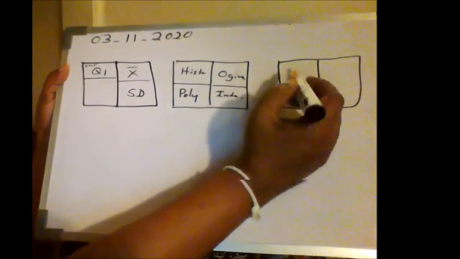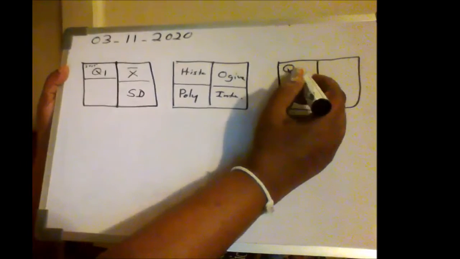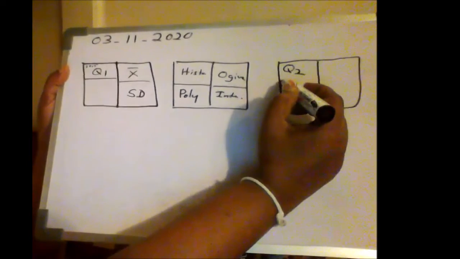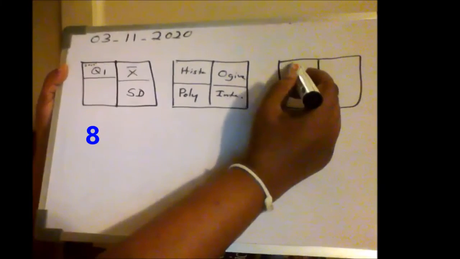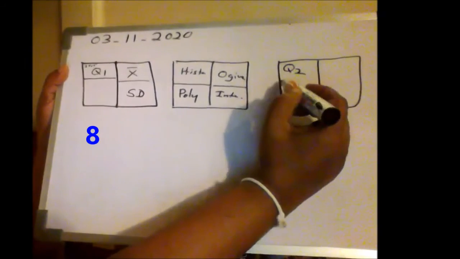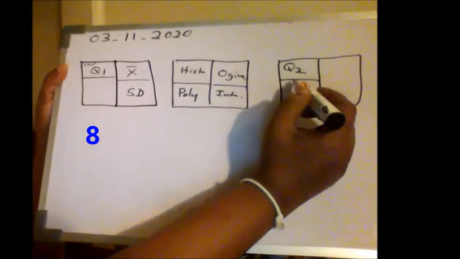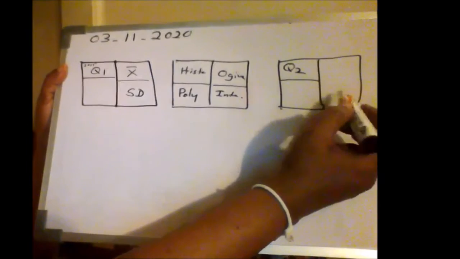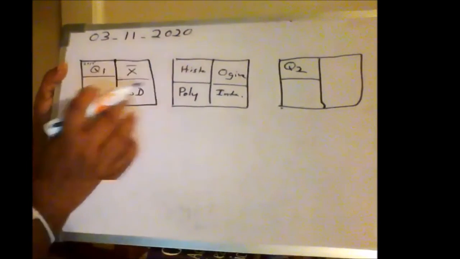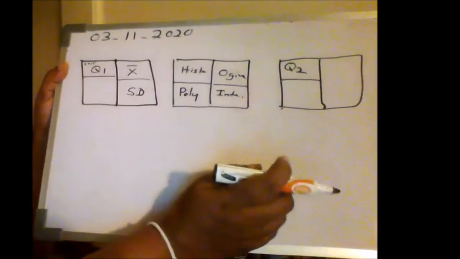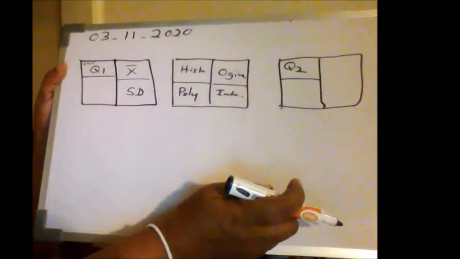Then in this page, question 2. Write the question, draw the frequency distribution, and go on. Likewise you will have to write 5 questions.